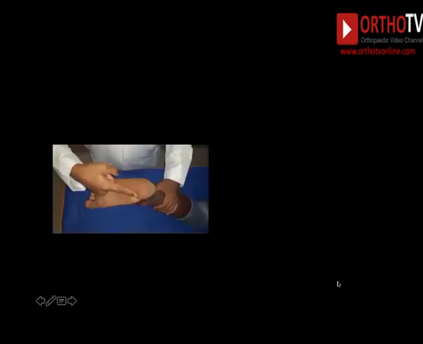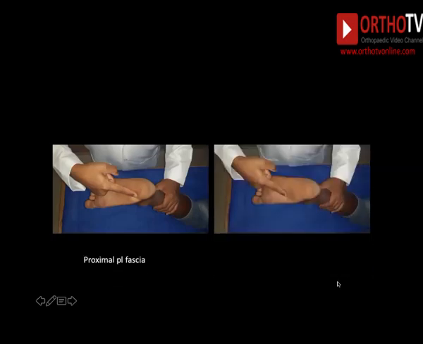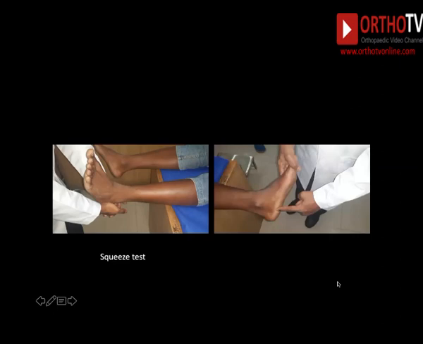Now, this is the proximal plantar fascia on the medial side. Tenderness around here will be plantar fasciitis, and this is the distal part of the plantar fascia. This is the squeeze test for the heel to diagnose stress fracture of the calcaneum. Sometimes patients complain of pain on the lateral side or medial side.